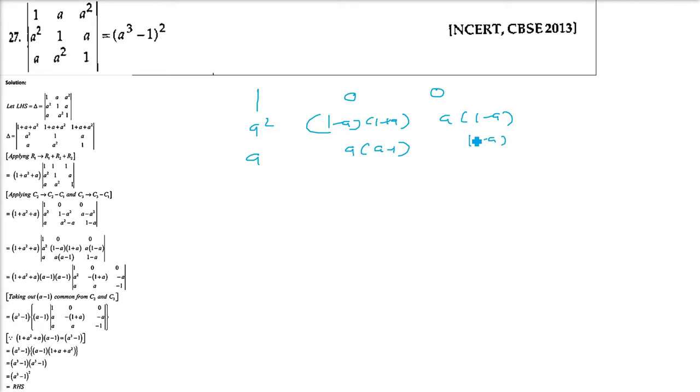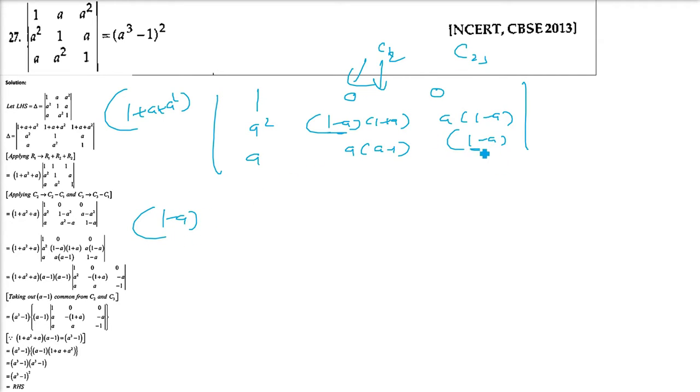So 1 minus a and a minus 1, 1 minus a has to be left if we take 1 minus a common. So column 2 and column 3, we are taking 1 minus a common. So column 2, 1 minus a, column 3, 1 minus a, so it will be 1 minus a square. What is outside? 1 plus a square.